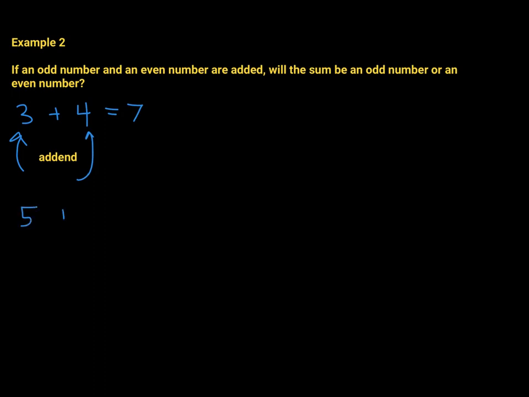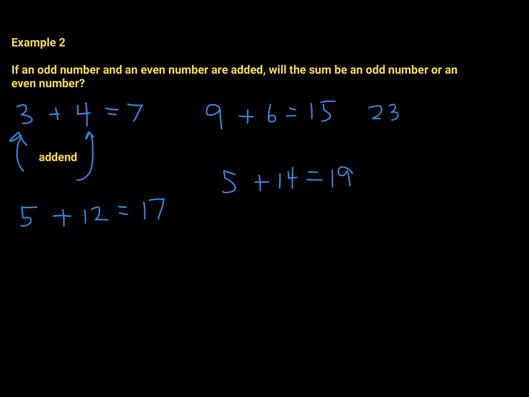An odd number plus an even number, and the sum is odd. Odd number plus an even number, the sum, odd. Odd number plus an even number, sum, odd. Again, I'm just making these numbers up. You can make up your own numbers if you'd like. 23 plus 18, the sum is odd. 81 plus 32, that's an odd number and an even number.